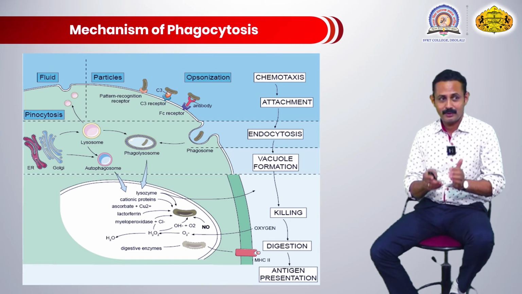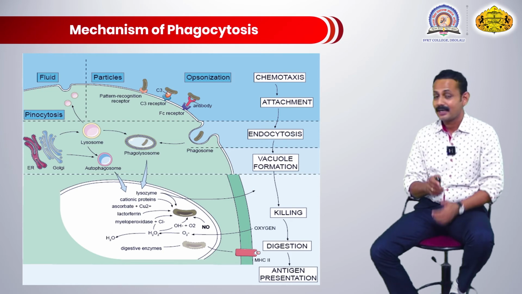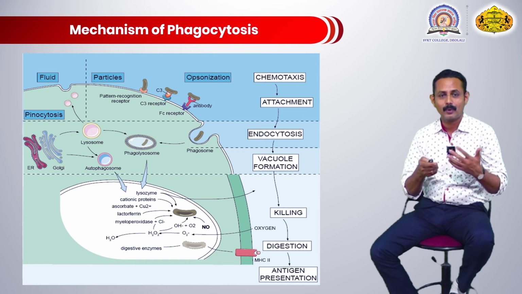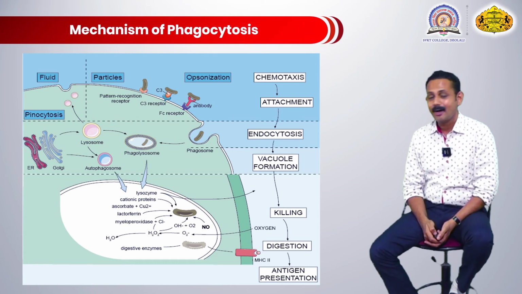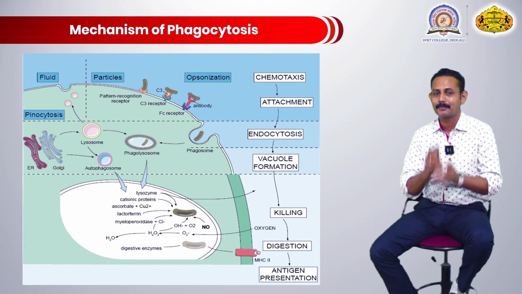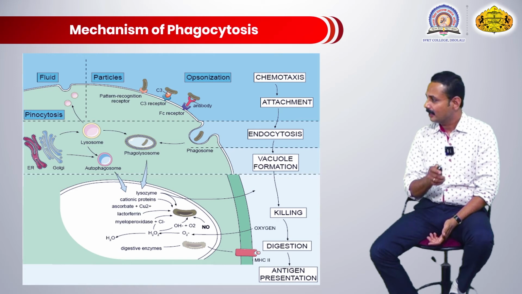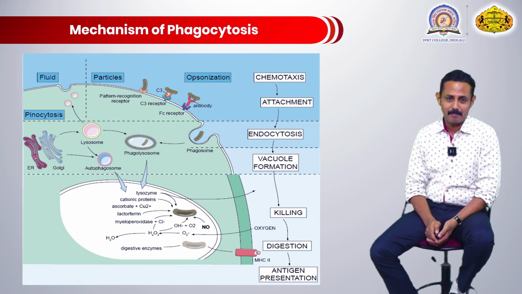In the phagolysosome, the different types of granules present start the actual killing, or intracellular digestion, where a variety of chemical and enzymatic mechanisms take place.